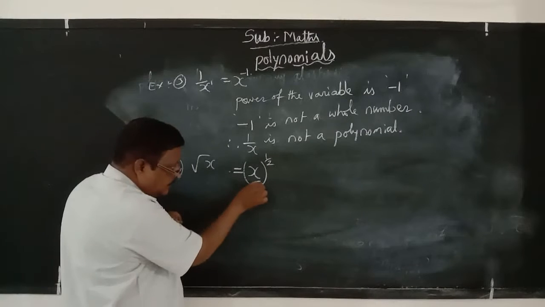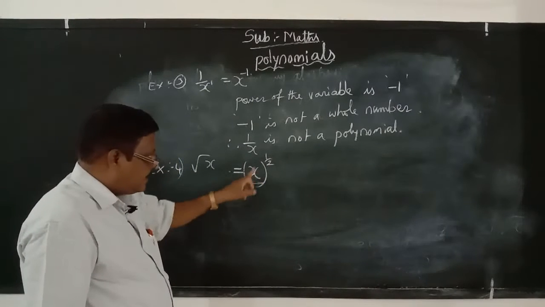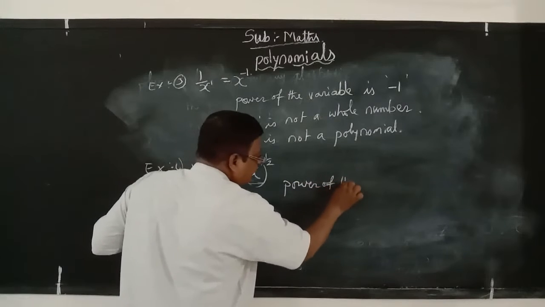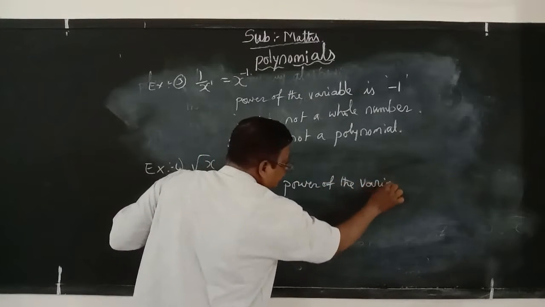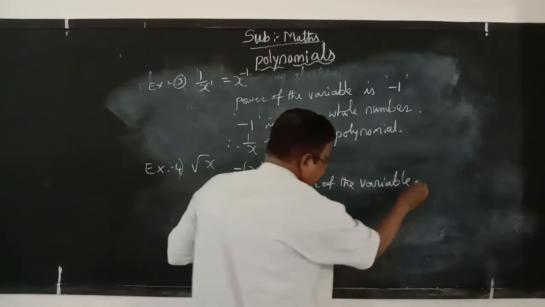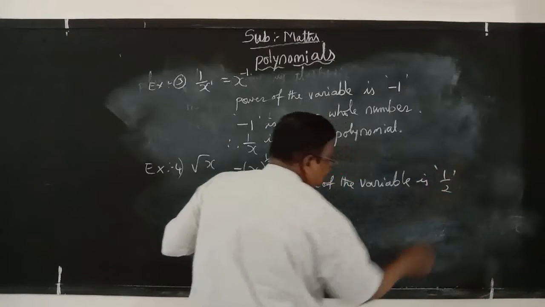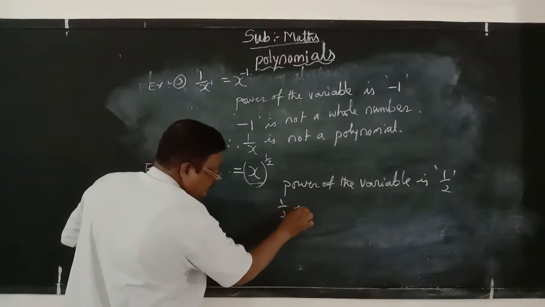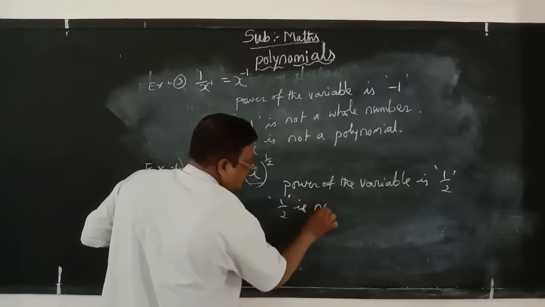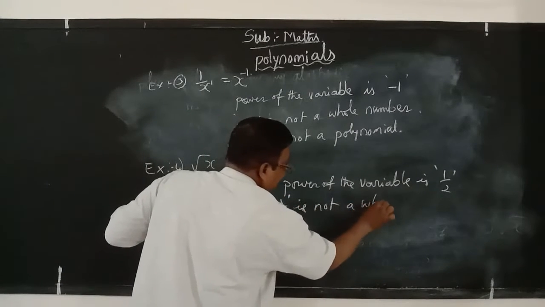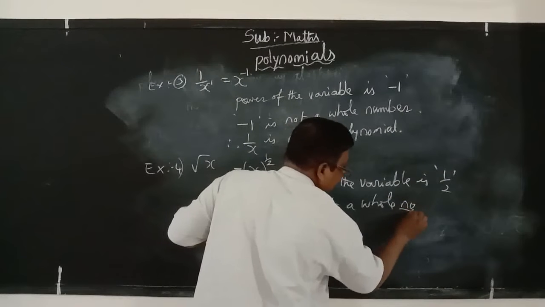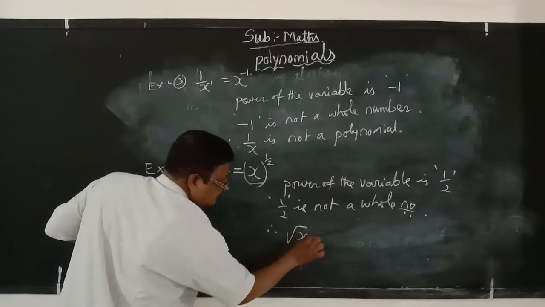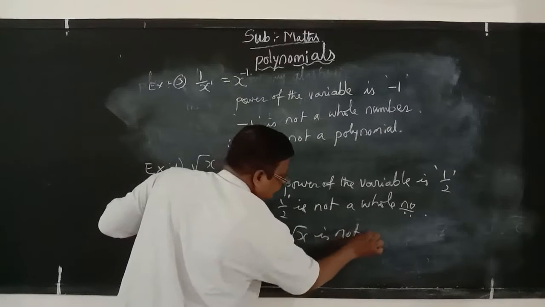In this algebraic expression, the power of the variable is 1 by 2. 1 by 2 is not a whole number. Therefore root x is not a polynomial.